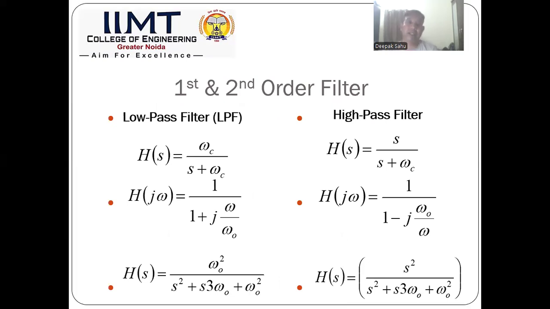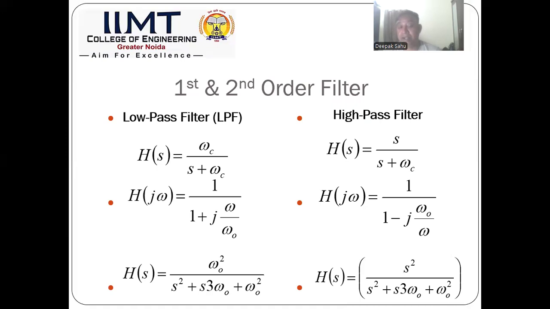Now, to conclude this lecture, a comparative table is shown here in the form of transfer functions. For example, on the left-hand side, a low-pass filter is mentioned. If you look at the transfer function, a low-pass filter constitutes only poles, whereas a high-pass filter constitutes zeros as well as poles.